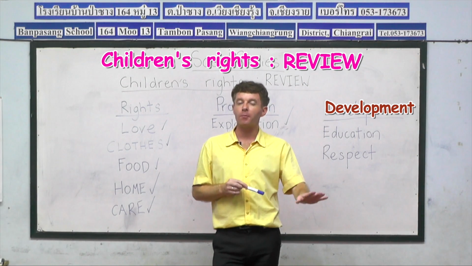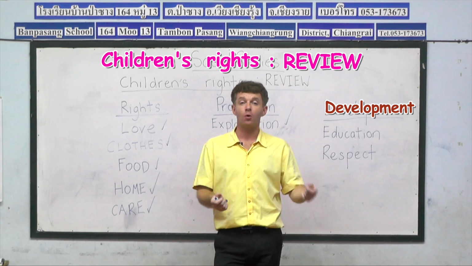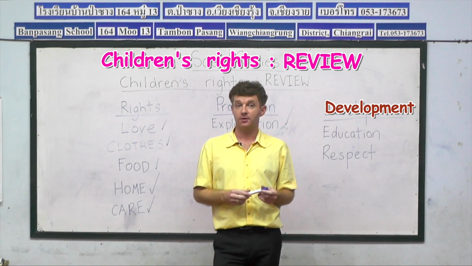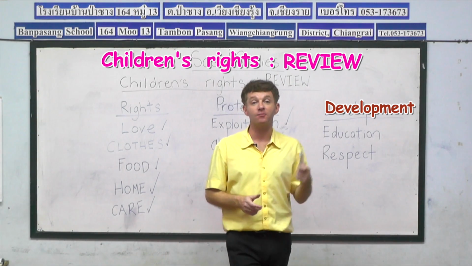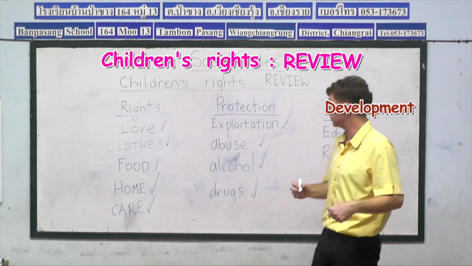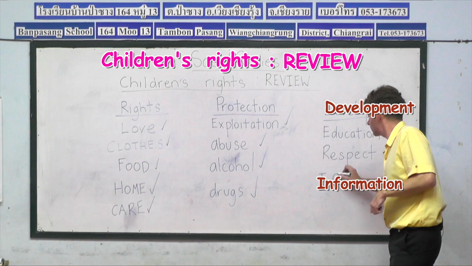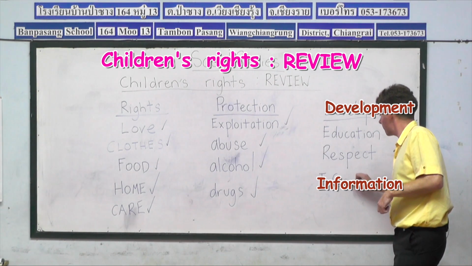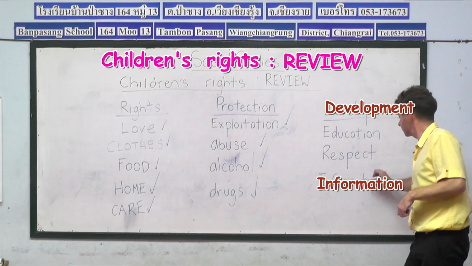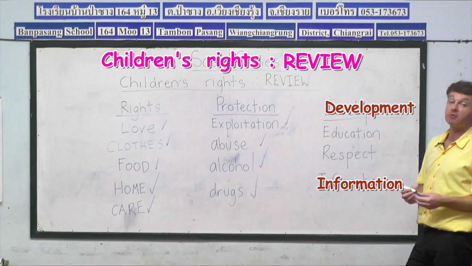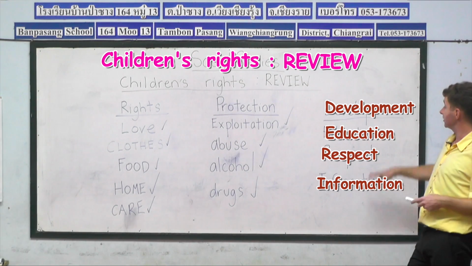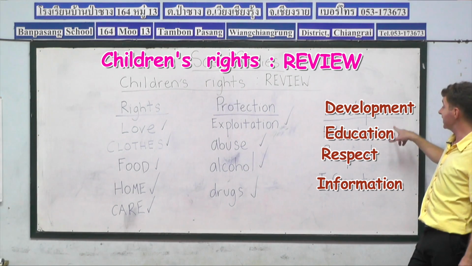Now, children are probably too young to read or listen to the news, but we can still tell them things that are relevant to their own situations. So we need to give them information.